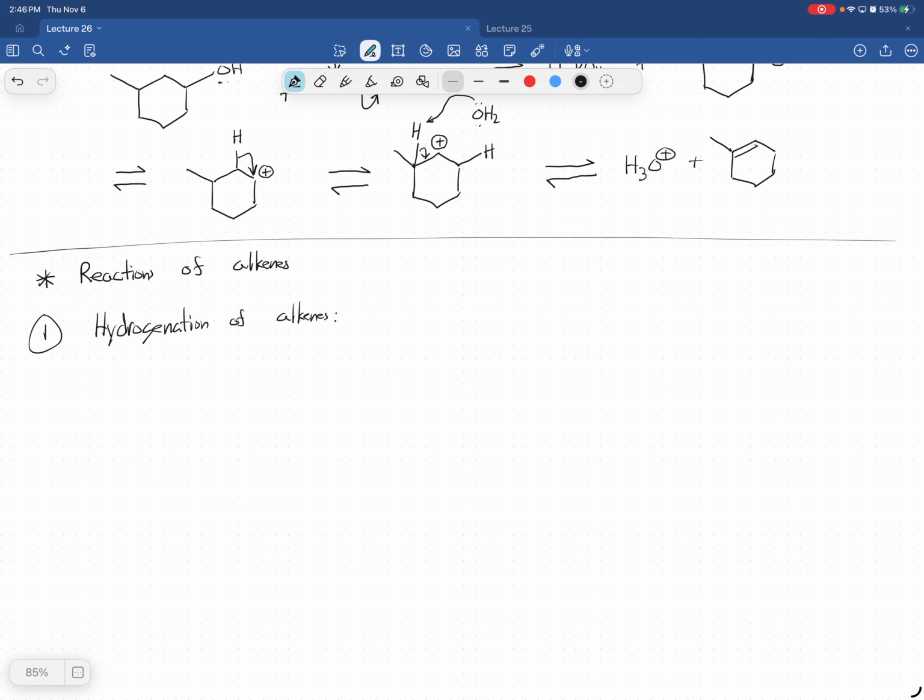This introduces the first few reactions of alkenes where it's stereospecific. So it adds in a specific way. So we have here a stereospecific reaction.